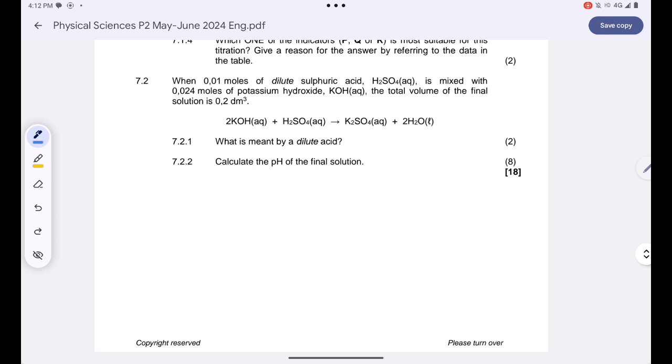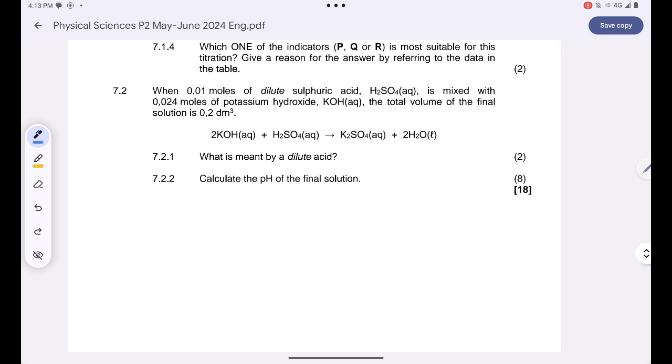The first question we are asked is what is meant by a dilute acid? A dilute acid is an acid that has the smallest number of moles compared to the volume of water used to prepare the acid. You must have a smaller number of moles and a greater volume of water, and hence you'll have a dilute acid.